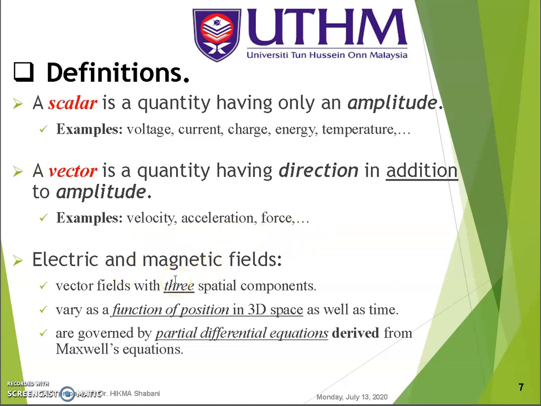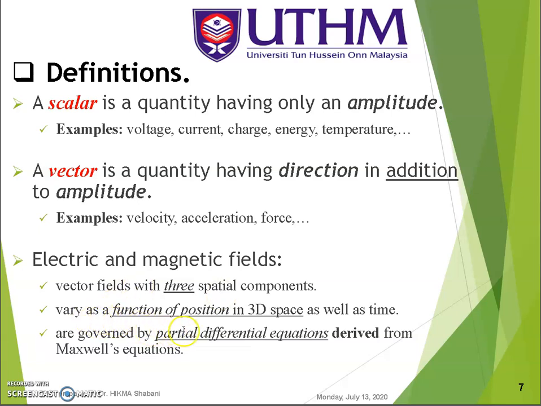So the electric and magnetic fields are vector fields with three spatial components, meaning they have amplitude and direction, but in three spatial components, meaning the x, y, and z axes.